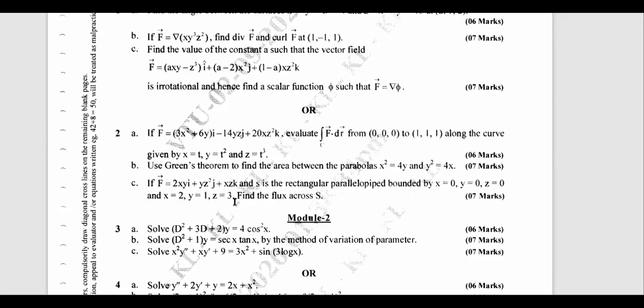If F bar is equal to 2xyi plus yz square j plus xzk, and S is the rectangular parallelepiped bounded by x equal to 0, y equal to 0, z equal to 0, and x equal to 2, y equal to 1, z equal to 3.